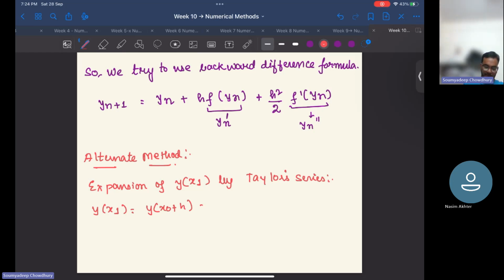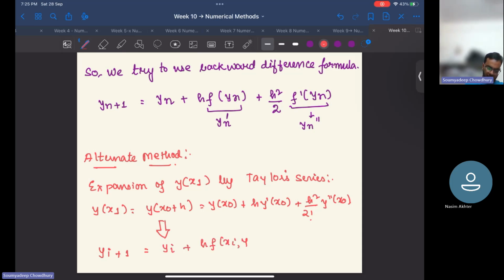Now we can replace this by y of x0, plus h y dash of x0. So we can write like this, right? From this, if we manipulate some steps and do the derivation, we will get our iterative equation here. This equation we will be using everywhere.